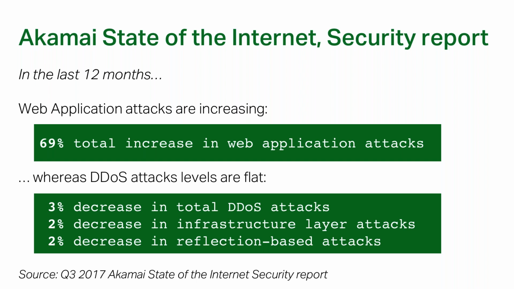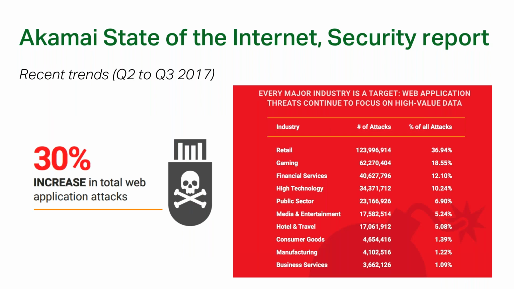And from this, we can infer that there is a step change in the kinds of attacks that hackers and malicious actors are mounting in order to take websites offline, to steal sensitive data, and to compromise the operation of businesses. If we focus in to just the last 3 months, Akamai observed that there was a 30% increase just over the last 3 months in total web application attacks.